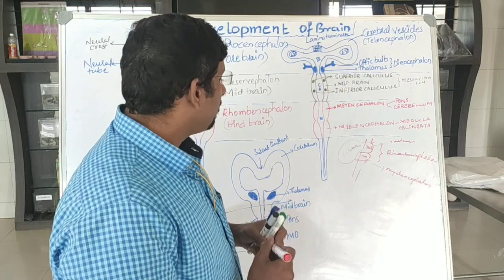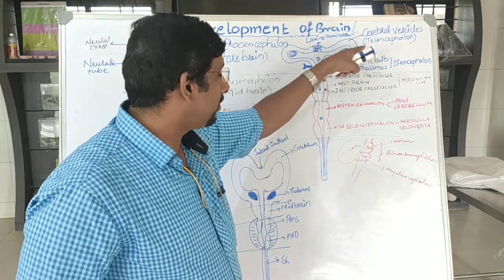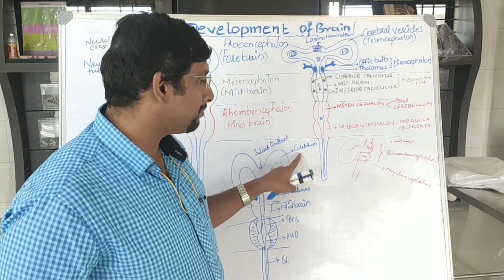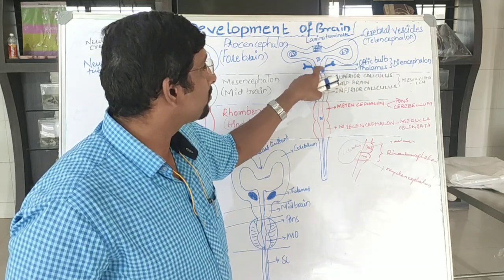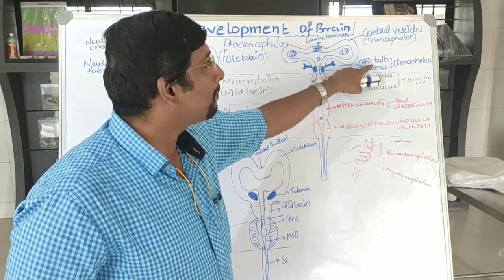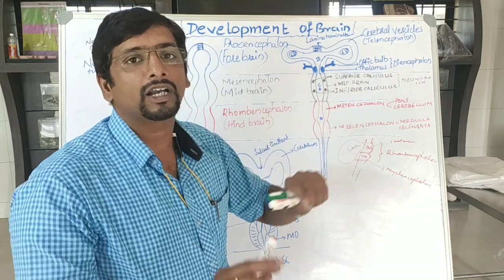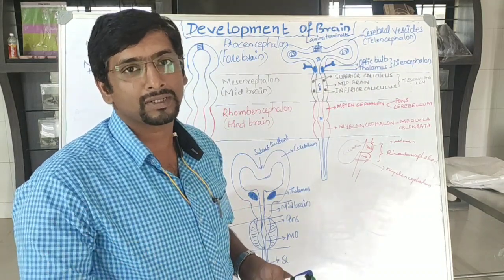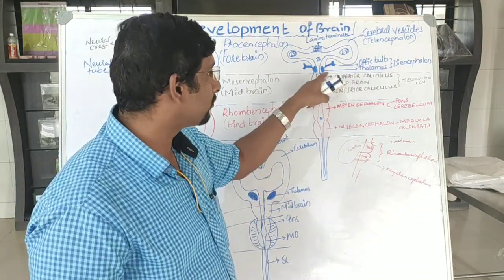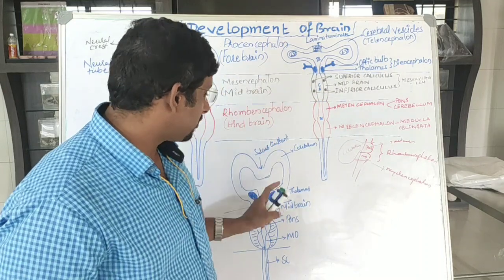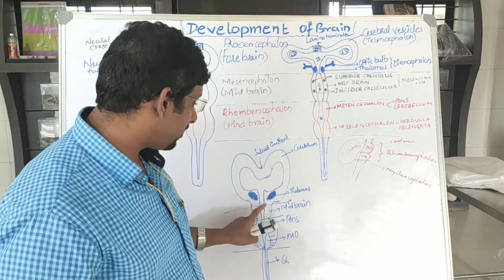The structure derived from the telencephalon is the cerebrum, and the structures from the diencephalon are the optic bulb and all types of thalamus: metathalamus, subthalamus, and hypothalamus. This is the area where the thalamus is going to form.